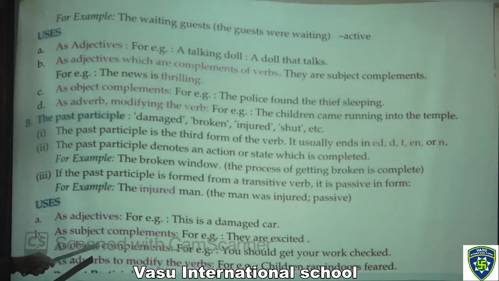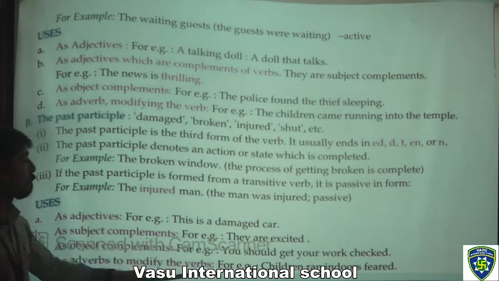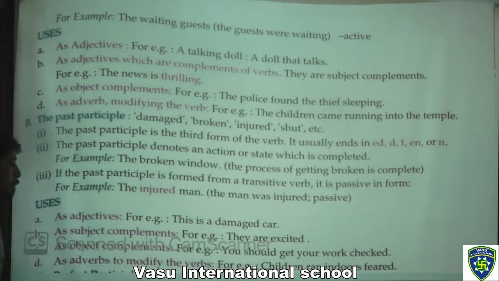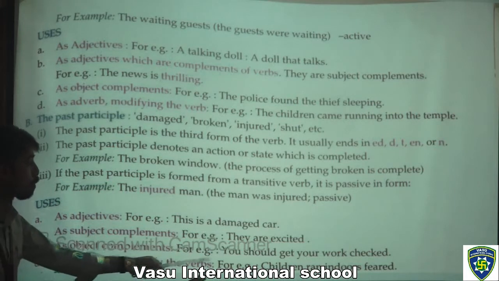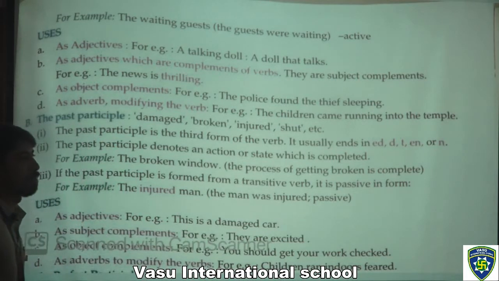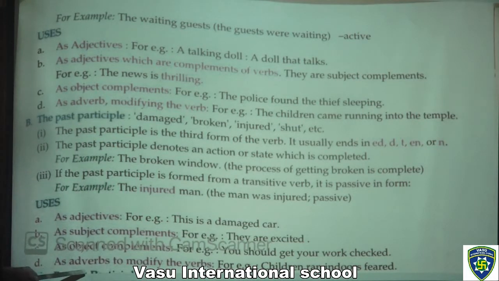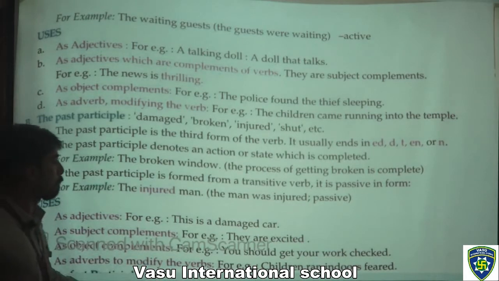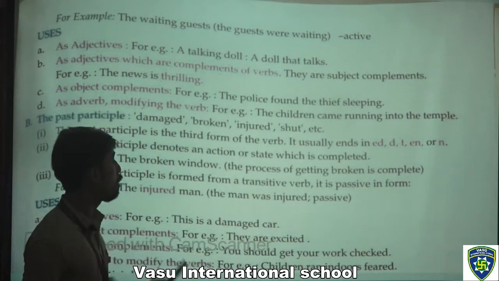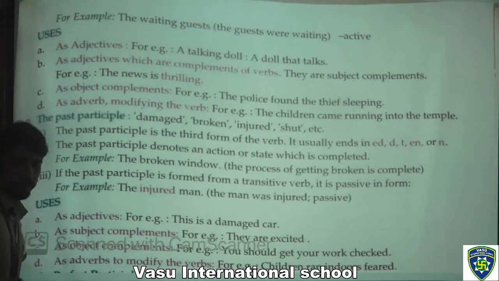As subject complements, for example, they are excited. How much they are excited, we don't know that. As object complements, for example, you should get your work checked. As adverbs to modify the verbs, for example, children ran indoors frightened. Like how much they are frightened, we don't know that.